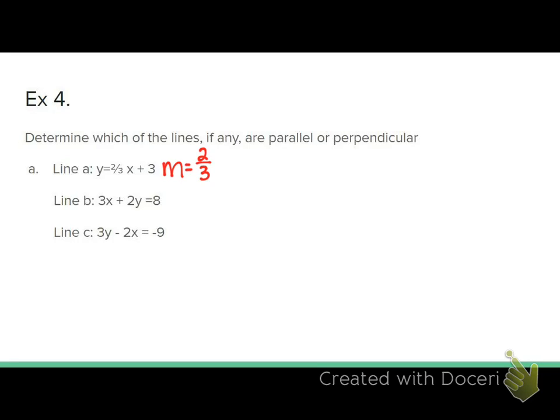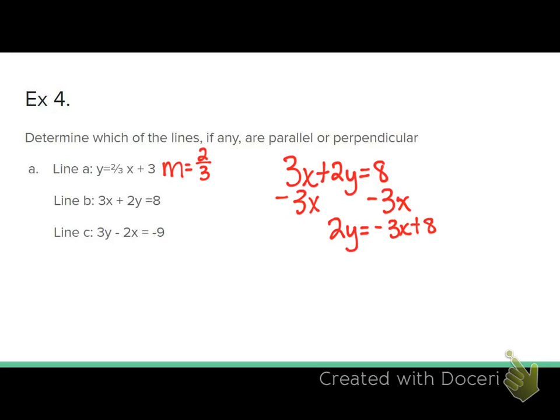So for line B, I'm going to do that over here. 3x plus 2y equals 8. What would be my first step to get y alone? Subtract 3x. That leaves me with 2y equals what? Negative 3x plus 8.